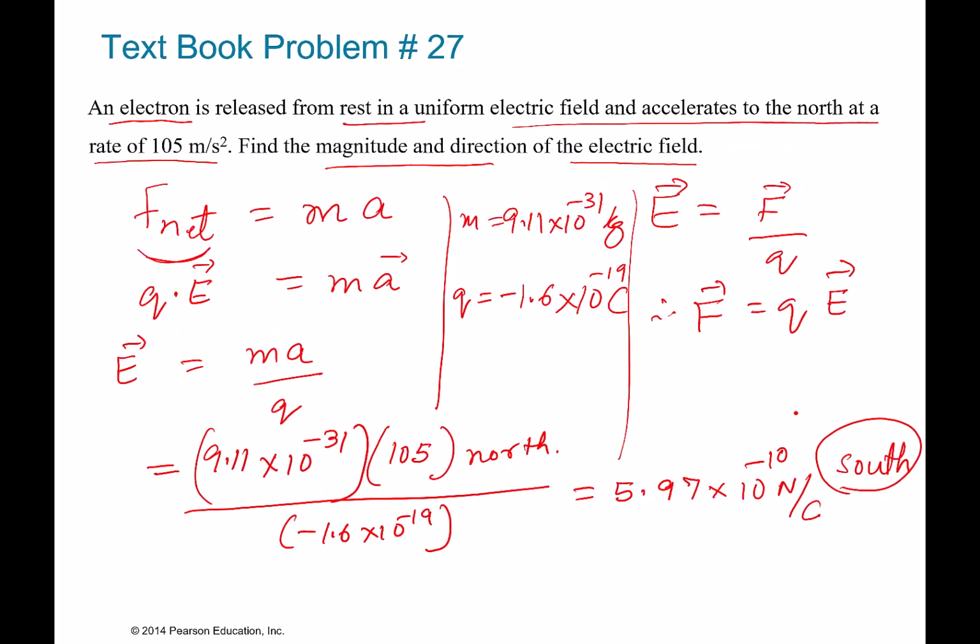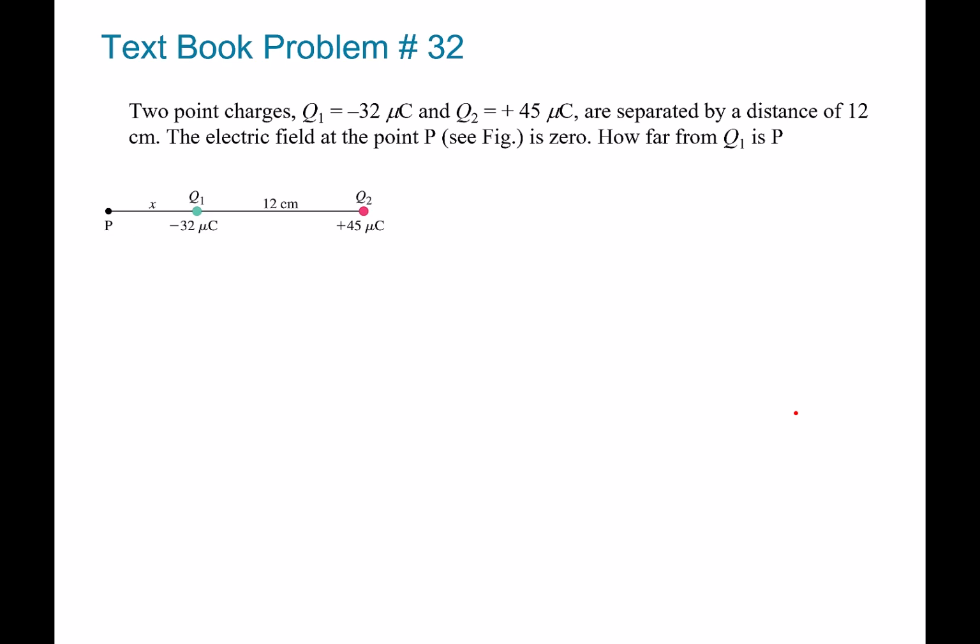The next one we work on is problem number 32. It's a good problem based on superposition of electric fields. Just like we talked about, forces can be superimposed, hence electric fields can also be superimposed.